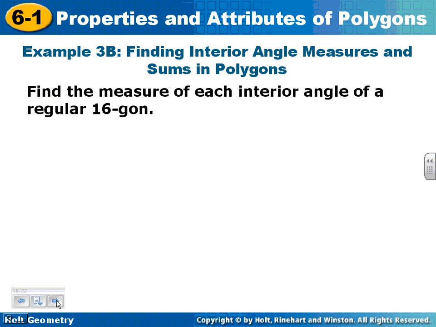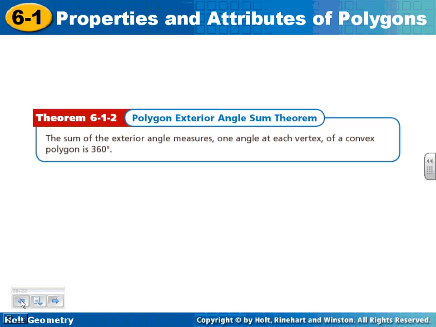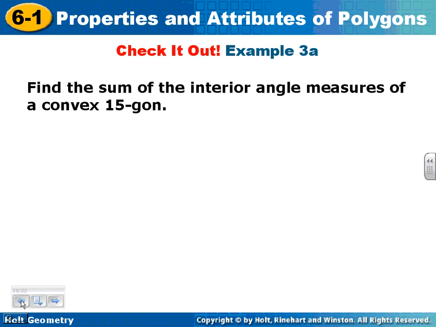The next one, find the measure of each angle. Oops, that's the same one. Need to advance. Here we go. Find the sum of the interior angle measures of a convex 15-gon. So this one says sum, so I won't divide by 15.